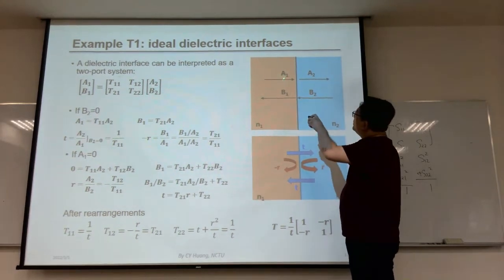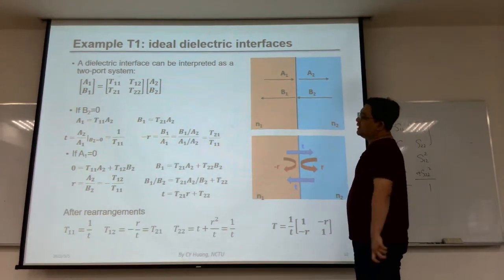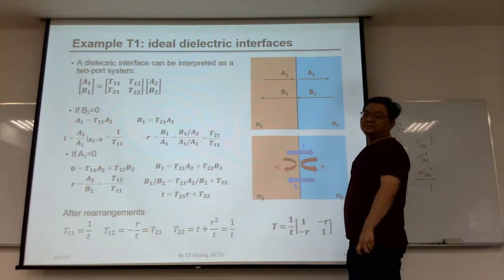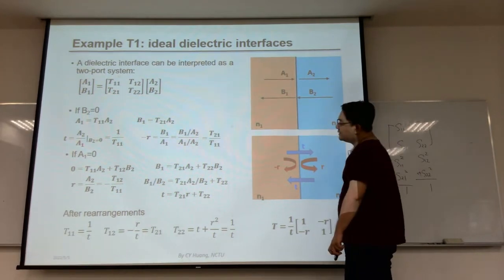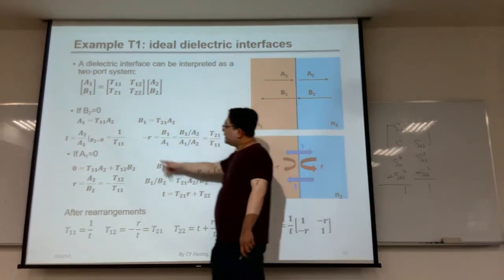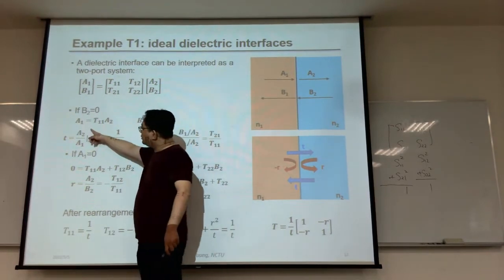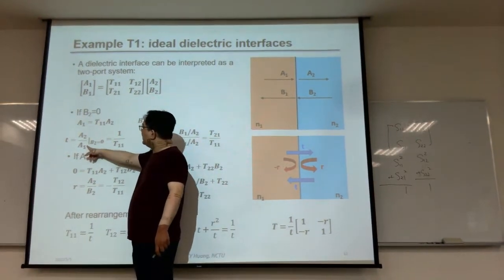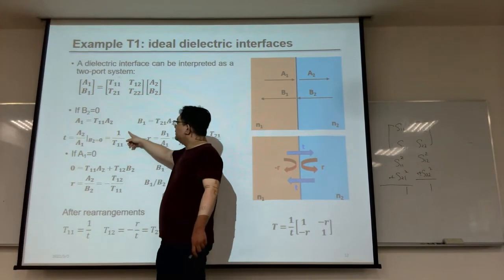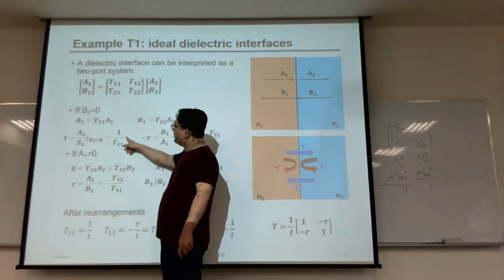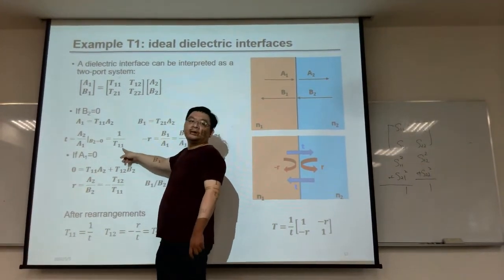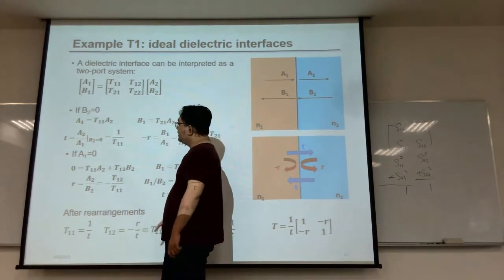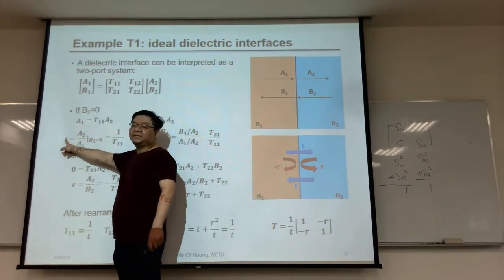The ratio between A1 and A2. So obviously it is transmitted. So when you write down like this, A2 divided by A1 will be 1 divided by T11, the first matrix element. And physically speaking, it should be T.